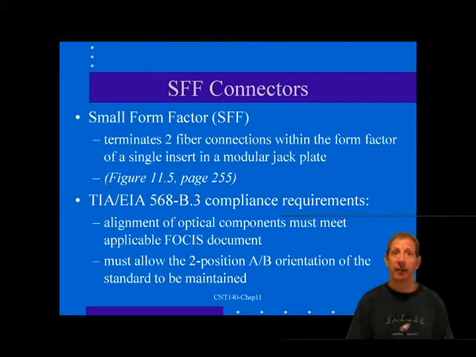The SFF connector was put forth to remedy the size problem. The SFF connector is generally defined as a fiber optic connector that terminates two fiber connections within the form factor of a single insert in a modular jack plate. This arrangement generally complies with the requirement to align a duplex fiber connection.